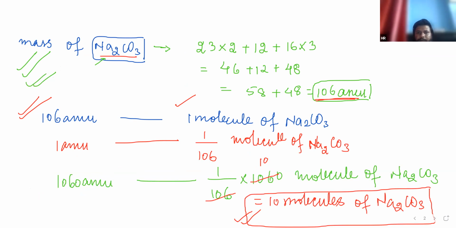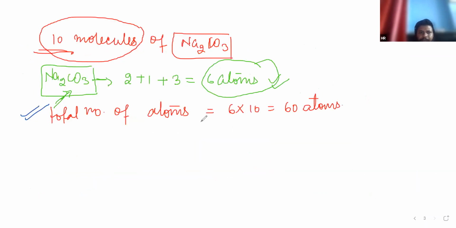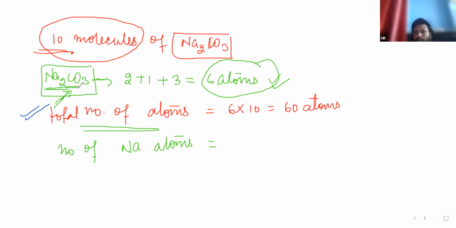Done? Okay. Just see. Total number of atoms, 6 into 10 atoms. Now we need to find the number of sodium atoms. In one molecule of Na2CO3, 2 atoms of sodium are present. And we have calculated that 10 molecules of Na2CO3 are present. Then in 10 molecules, we have 20 atoms.